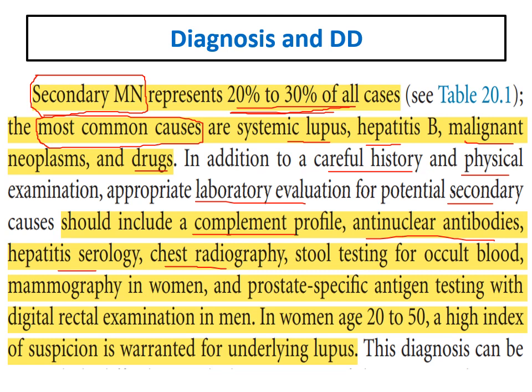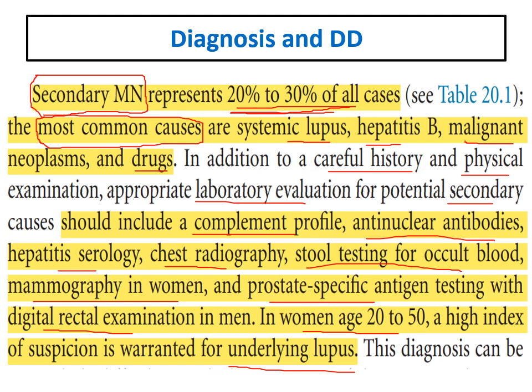Chest X-ray for lung cancer. Occult blood in stool for intestinal cancer, cancer colon. Mammography in women. PSA, prostate specific antigen, and digital rectal examination in men. And in females between the ages of 20 and 50, we should exclude lupus.